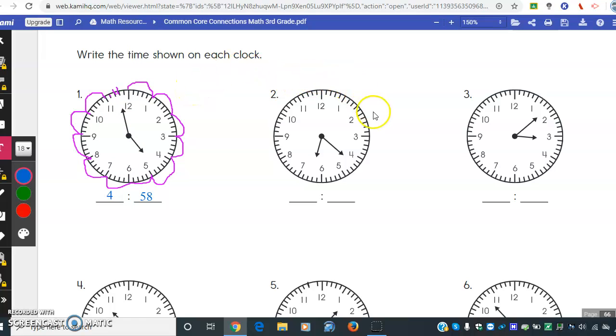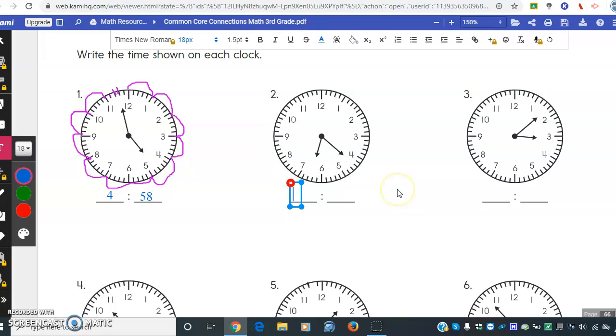Clock 2, look for the shorthand. Another common problem was people getting their hands mixed up. I want you to find the shorthand first, and that's this one here. The shorthand is pointing between the 6 and the 7. It has not reached the 7 yet, so it is not 7 o'clock. It is 6.